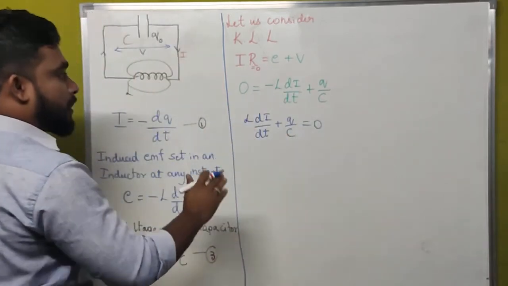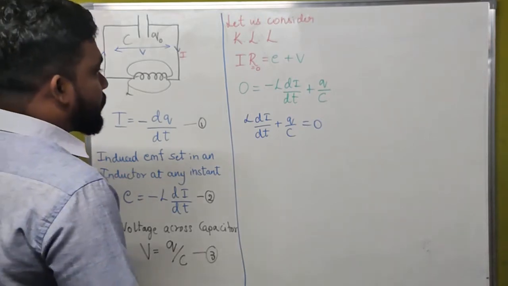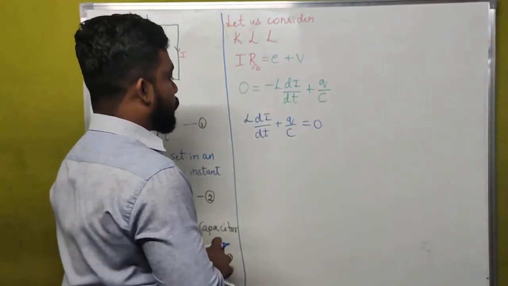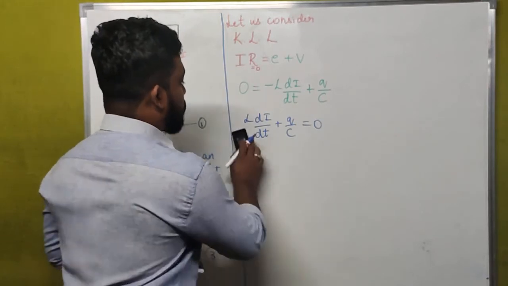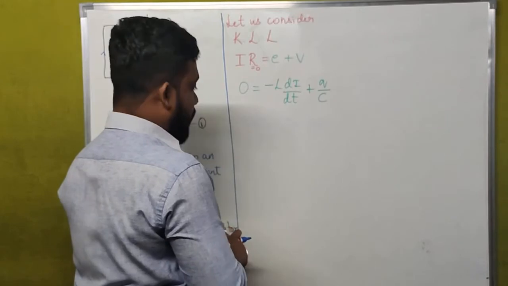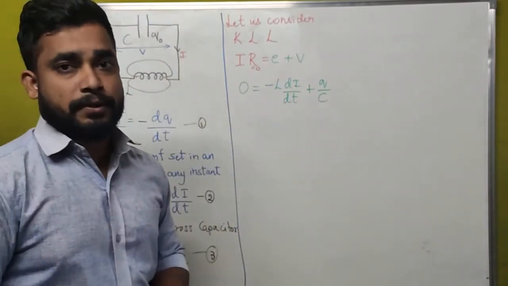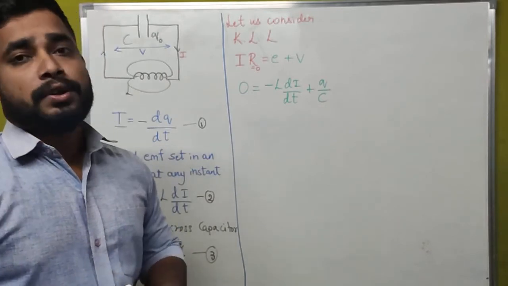I am just rearranging those two steps. But here we have a problem, that is the minus sign. Why do we have a minus sign here? We have to take out this minus sign, because in a simple harmonic motion expression the negative sign won't exist.